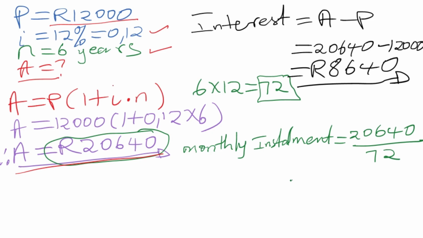Then here we just have to press the calculator. When you say 20,640 divided by 72, what we get is 286.67. What we get is 286 rand 67 cent.